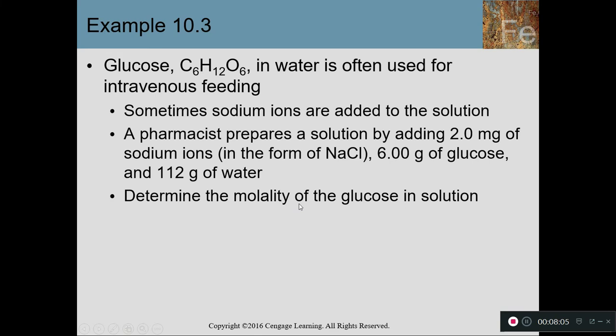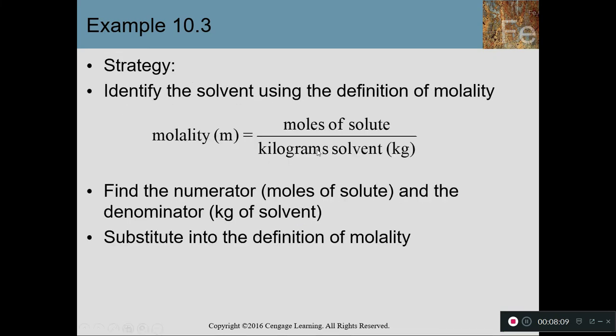So since molality is moles per kilogram, what we need to do is convert our solute from grams into moles and convert our solvent from grams into kilograms, and then plug it into the equation.